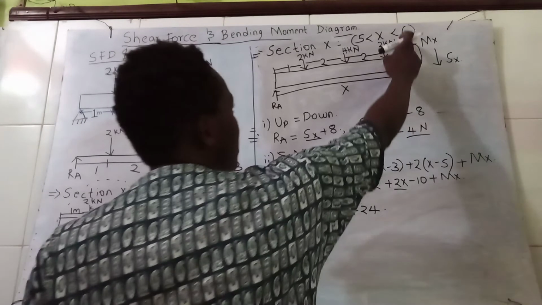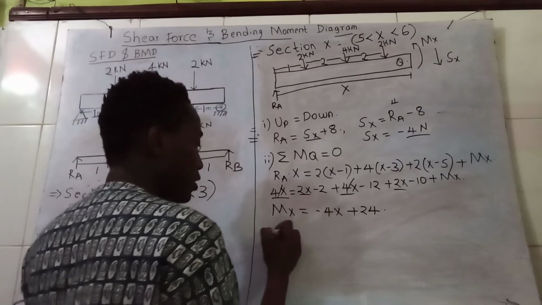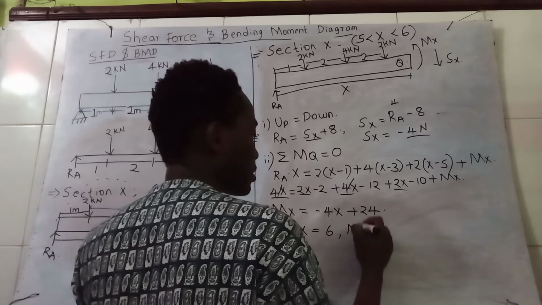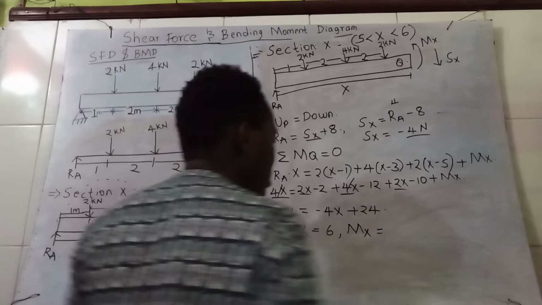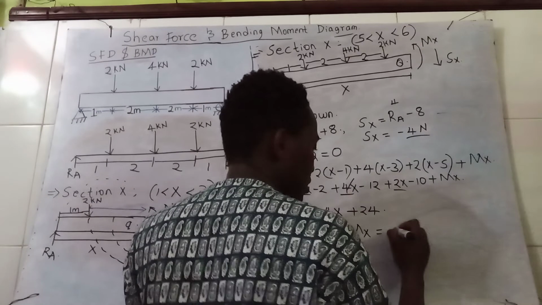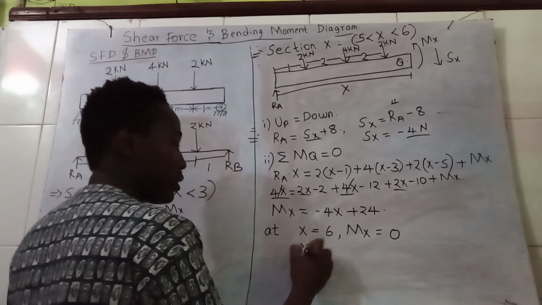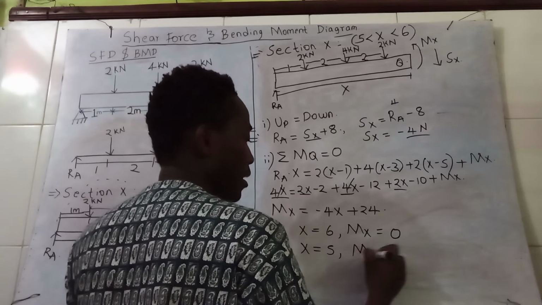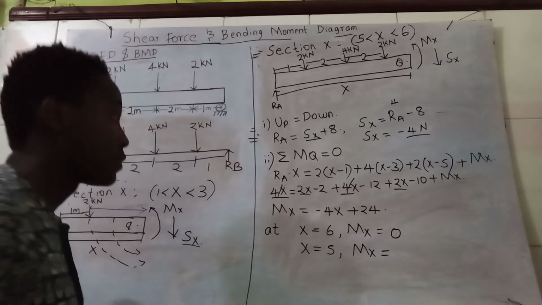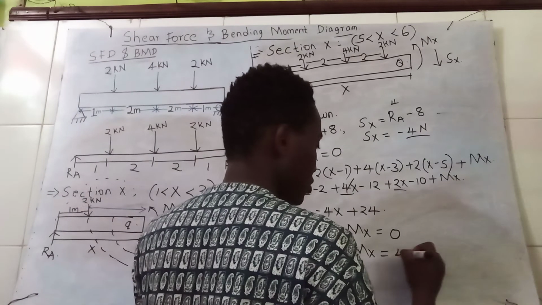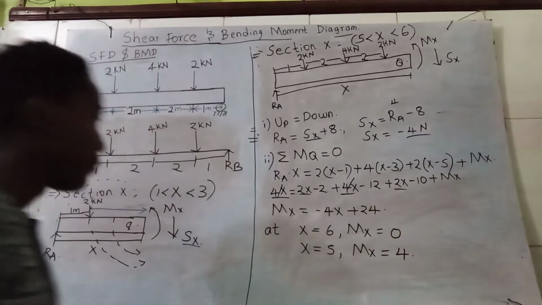Then input our limits, 6 and 5. At x equals 6, Mx equals 6 times 4, negative 24 plus 24, that is 0. At x equals 5, Mx equals 5 times 4, negative 20 plus 24, that is going to give you 4.